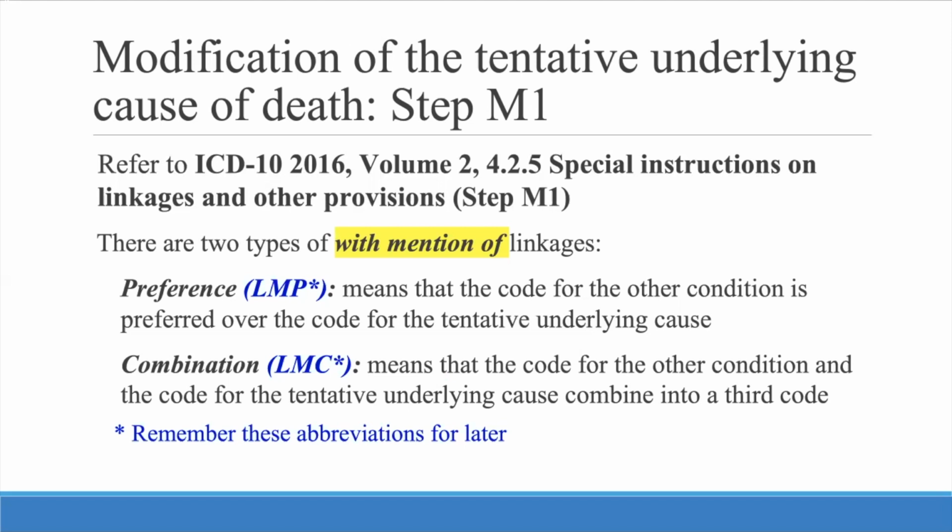The example I just presented, with the tentative underlying cause reported with mention of another code, those two codes combined into a third code, which was preferred. I have on this slide abbreviations for the linkage "with mention of", LMP for preference, and the combination, LMC. And I would encourage you to remember those abbreviations for later in our examples.